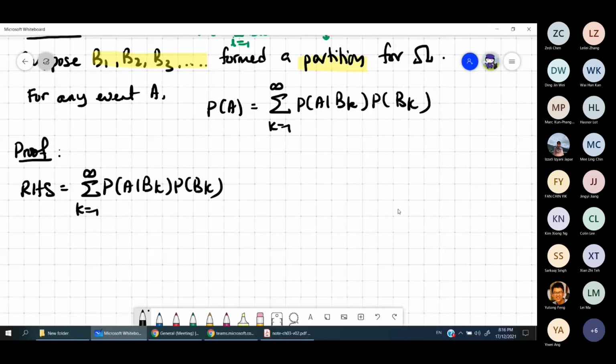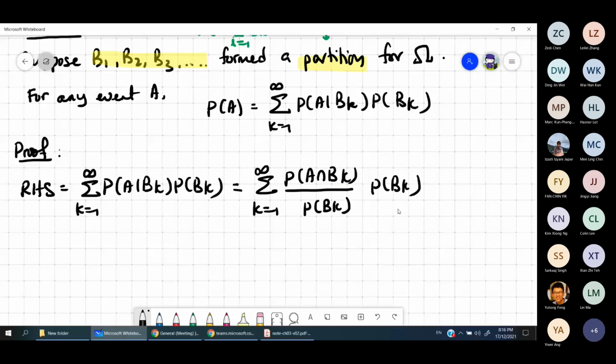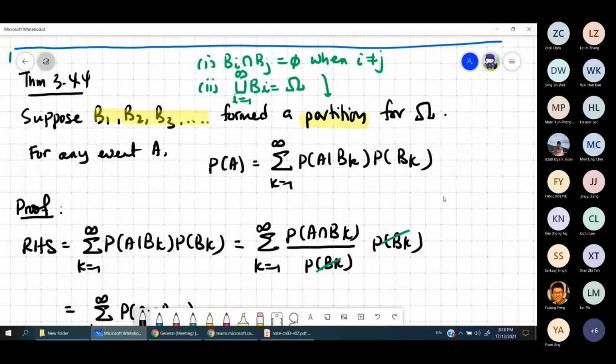Next, by the definition of this, this can be written as P(A and B_k) over P(B_k), right? So you can see these two can be cancelled off. Then we have the summation. We have the same argument: according to this, all the B_k are disjoint.